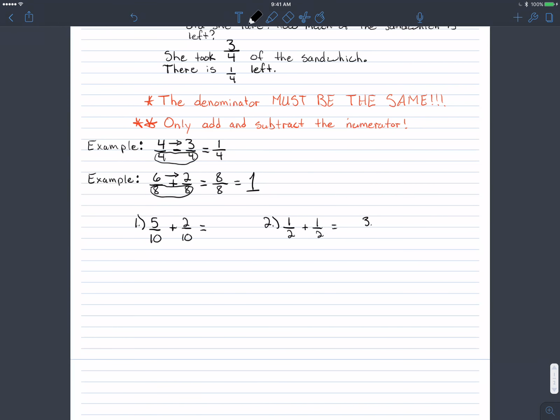Number 3, I'll give you 10/12, and you'll subtract 5/12 from it. Number 4 will be 8/16, and we'll subtract 5/16 from that. When you come to class, make sure you already have these problems worked out.